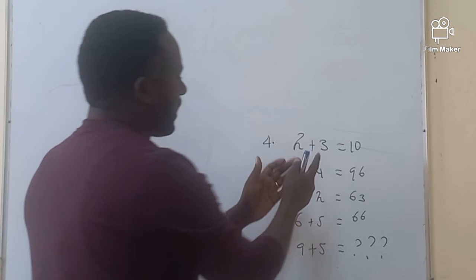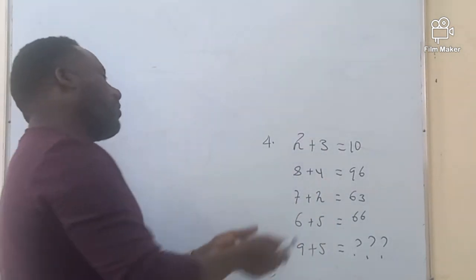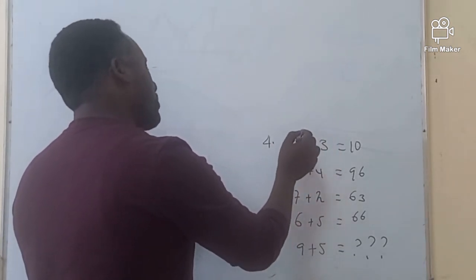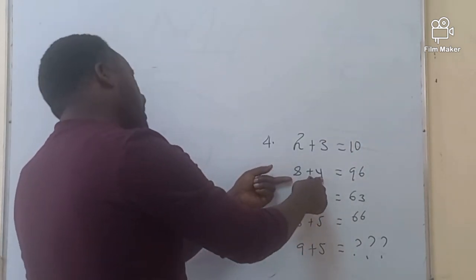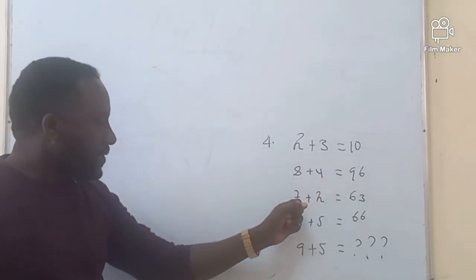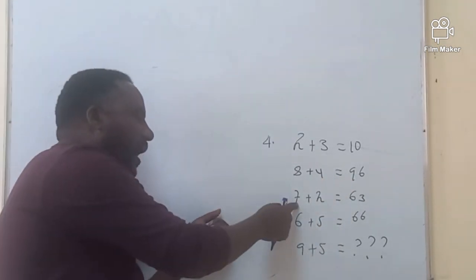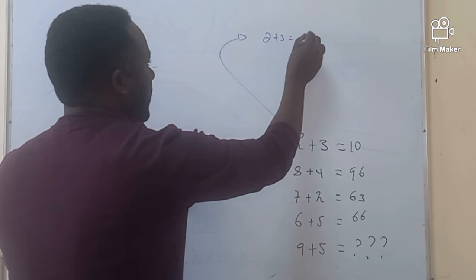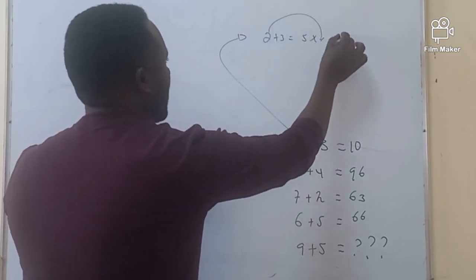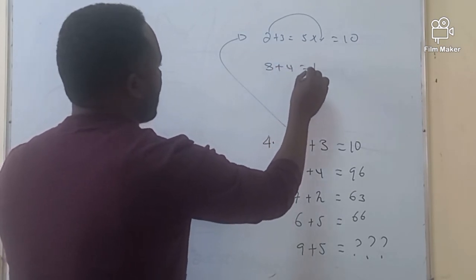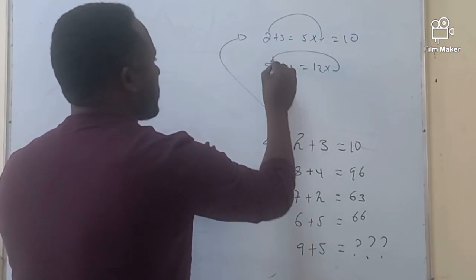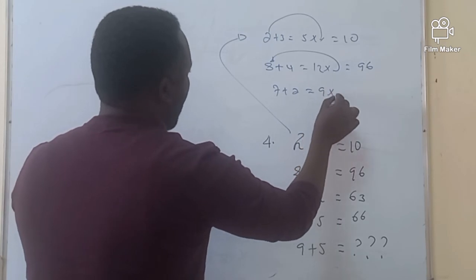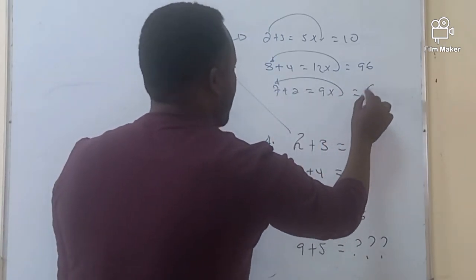So 2 plus 3 will be 5. When you multiply 5 with the first number, you get 10. 8 plus 4 is 12, times 8 is 96. 7 plus 2 is 9, and 9 times the first number is 63.